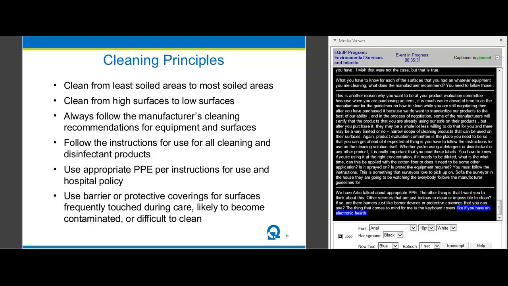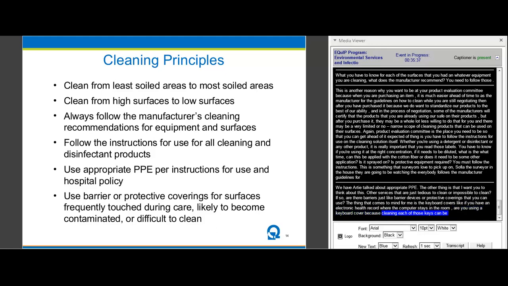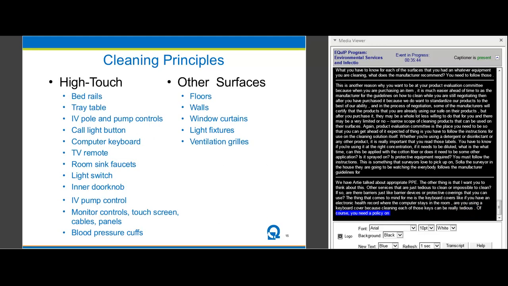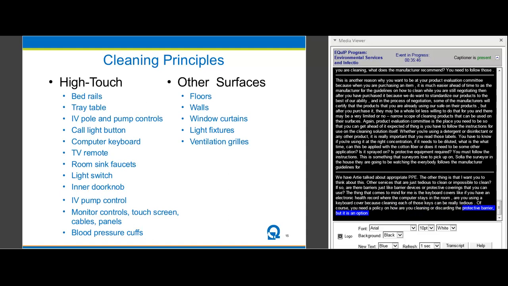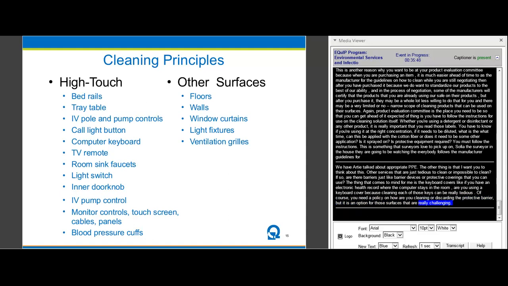Because cleaning each of those keys can be really tedious. And then, of course, you need a policy on how you are cleaning or discarding that protective barrier. But it is an option for those surfaces that are really challenging. I want you to think about cleaning the room, dividing out the patient zone into two areas.